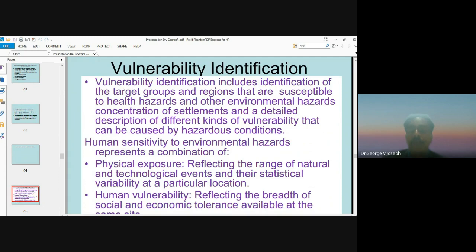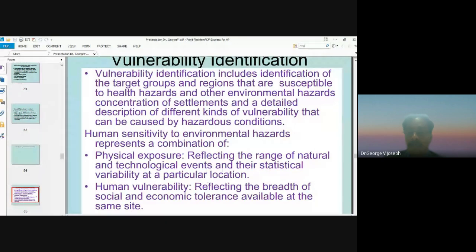How many people or areas are getting affected? Physical exposure can be critical infrastructure. For example, a flood affecting a hospital, a healthcare provision place. If it is affecting the hospital, the particular area will be more susceptible.